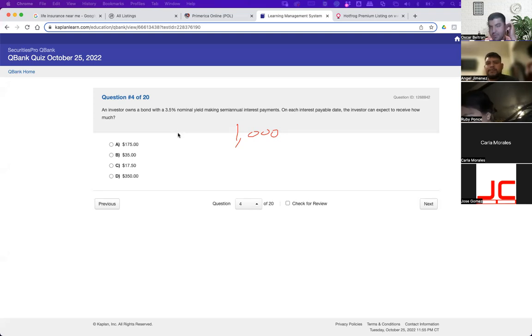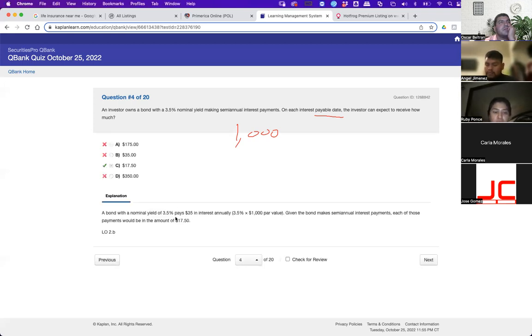Is it asking yearly or semi-annual? On each interest payable date, the investor can expect to receive. I would assume semi-annually, because that's how bonds pay. It says here on each interest payable date, so I'm going to say semi-annually. $17.50. All right, cool. Let's put that one. There it is.